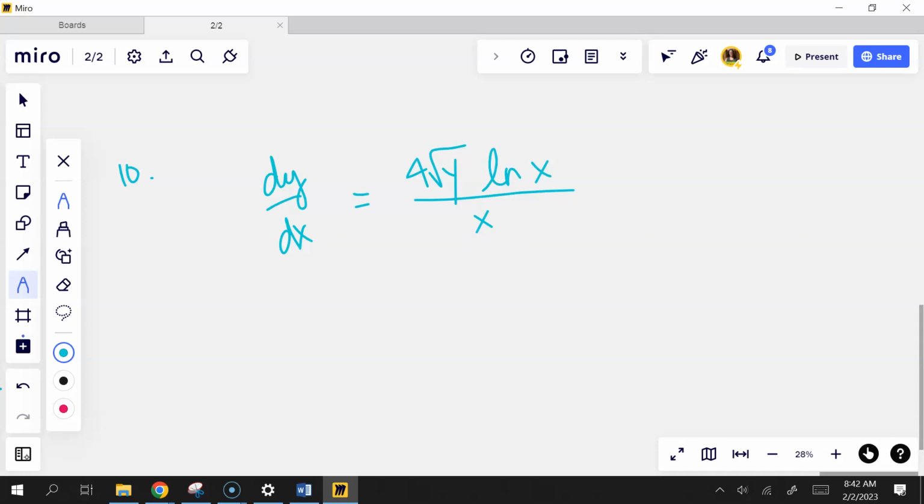Remember, get the y with the dy, get the x's with the dx. It's separation of variables, all the same variables on opposite sides. That's your goal. Then we can integrate. I think I'll start by multiplying by dx and just getting it over there.